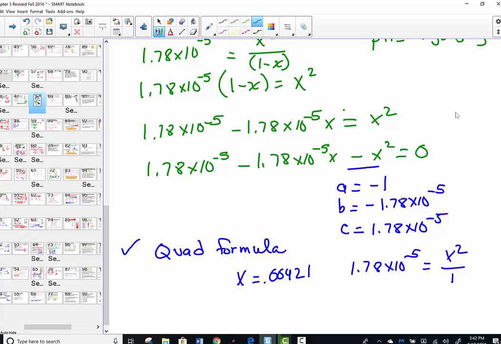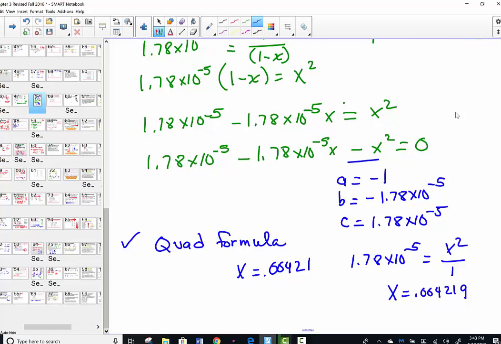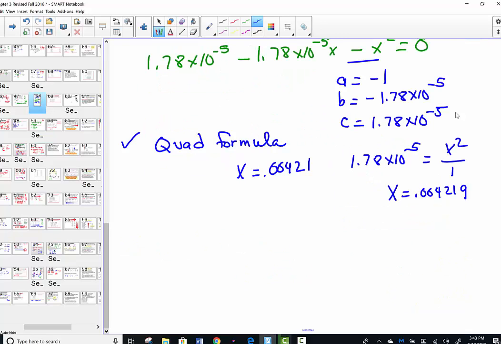If you square root, I'm going to hit square root 1.78 E -5, you will find that X equals 0.004219, essentially the same number. So just a little lesson, if you like the quadratic formula, I use the program, it's very simplistic.